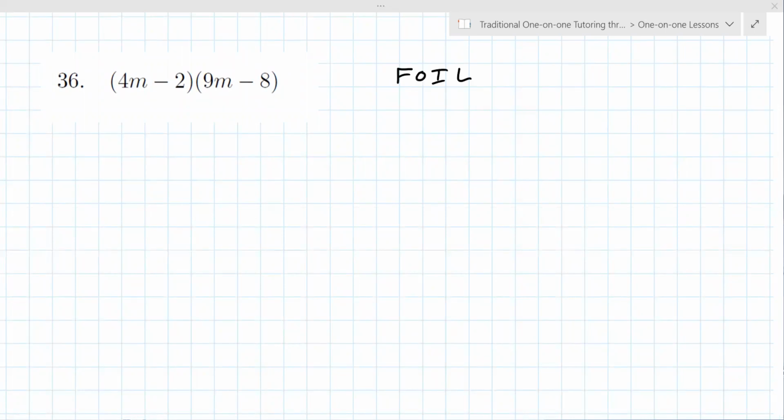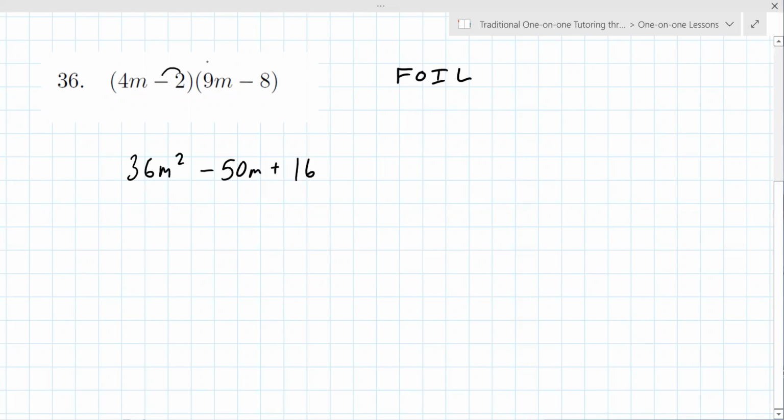Okay. It's 32. $18M. Okay, what is your final answer? 36m squared minus 50m minus 16.